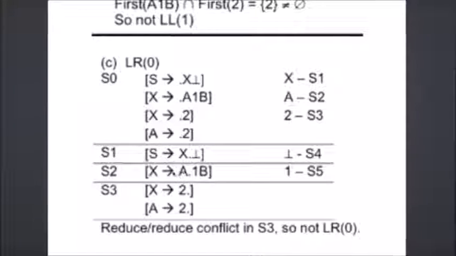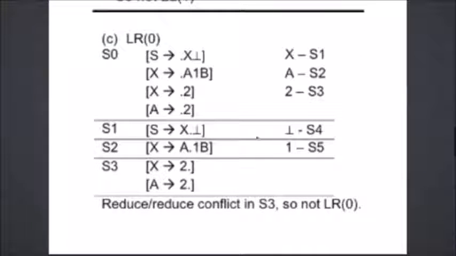Moving on further, now we check our grammar for LR0. First, we generate the augmented grammar for the given set of productions and serialize it as we have done earlier. The method is as follows.